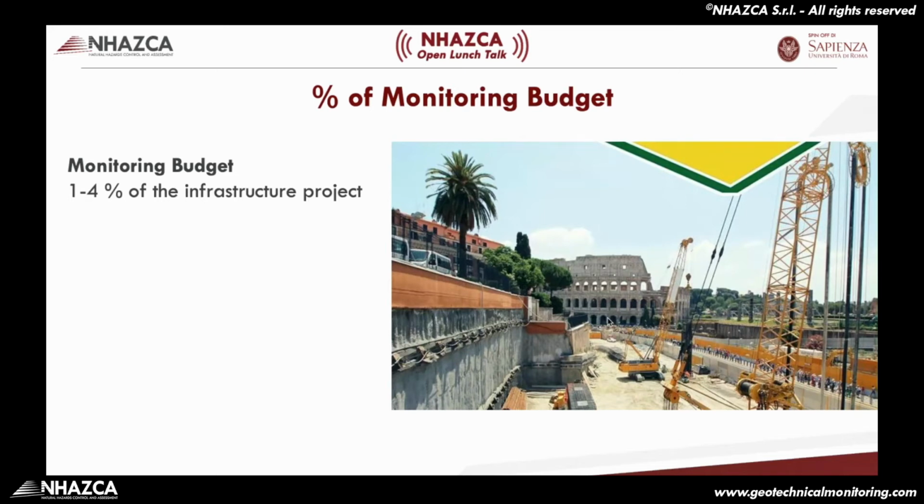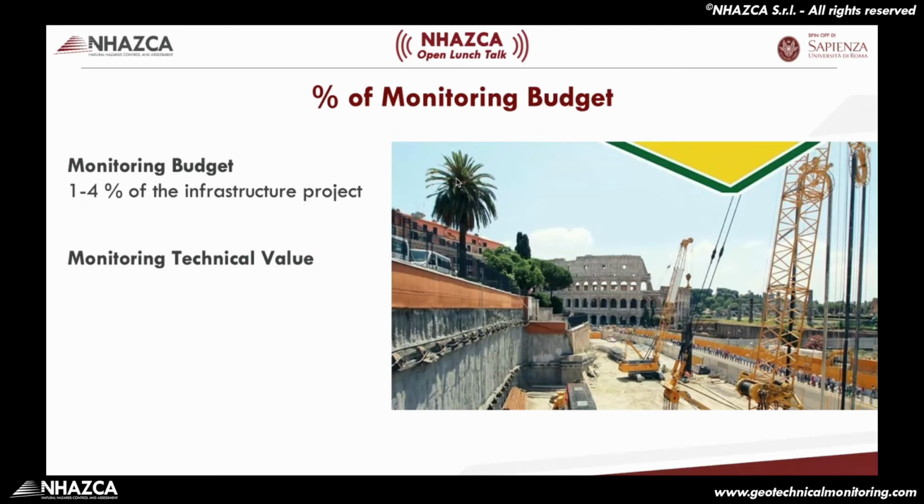But another important point is the monitoring technical value. What I mean with this is, what is the technical value of a monitoring project, of monitoring activities in a monitoring design? I think from my perspective, but I would be happy to have discussions at the end of this topic, that this is proportional to the value, let's say in a tender, of the technical value given to this activity, the geotechnical monitoring.